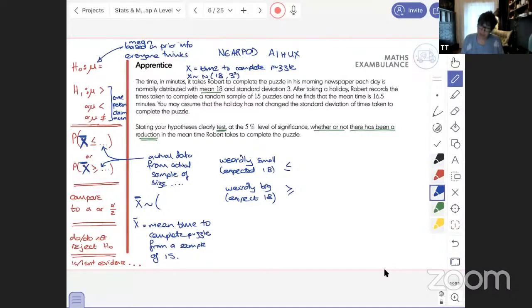The second one, the x bar, is normal. And then what you need to learn is that it's normal 18, comma, and then it's the standard deviation or the variance divided by the number, the size of the sample.